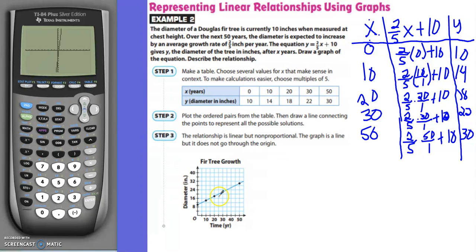Alright, you could graph it on a coordinate plane, but you notice it's not proportional. Yes, it's linear. Also, like we did on the last example, you can go to y equals. You can type in 2/5 x plus 10.